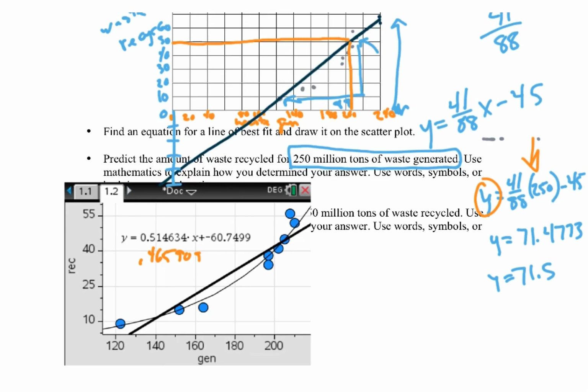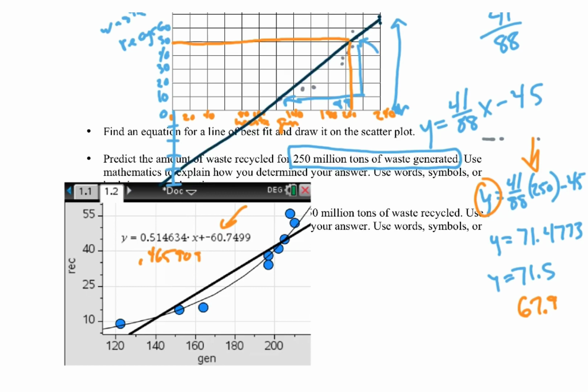But if I were to do this using their equation, I'll just type it into the calculator. We'd end up getting 67.9 millions. So we were a little high.